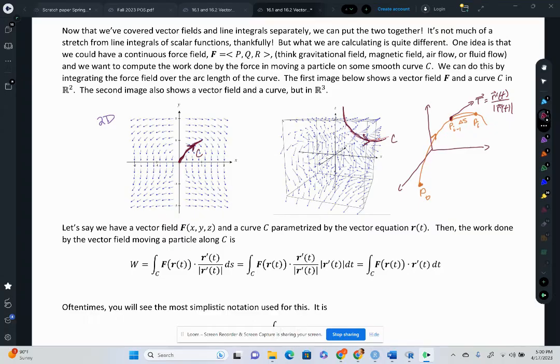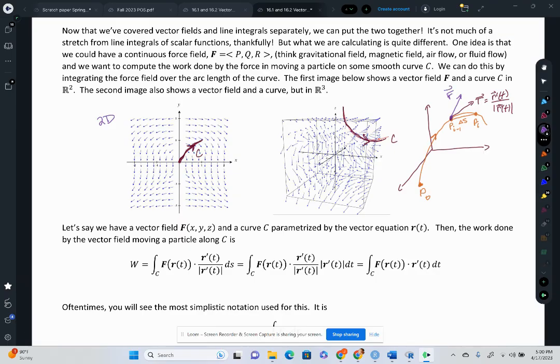And if we were to multiply a velocity vector by a time, maybe some sort of dt, then we would be able to come up with a distance. Okay, so we've got to figure out how that works. And then also in this picture, there's some sort of force vector that's moving in some direction to push a particle along the curve.